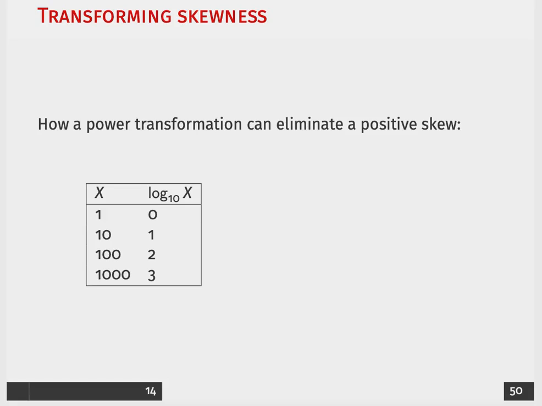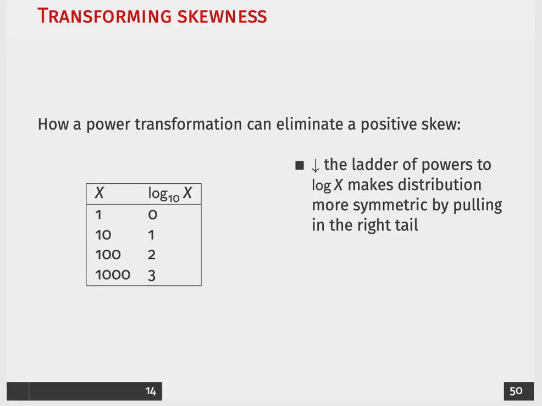Now, we can take the log of x, and that transforms our covariate into 0, 1, 2, and 3. So as we decrease the ladder of powers to log x, that's going to make the distribution more symmetric by pulling in that right tail.